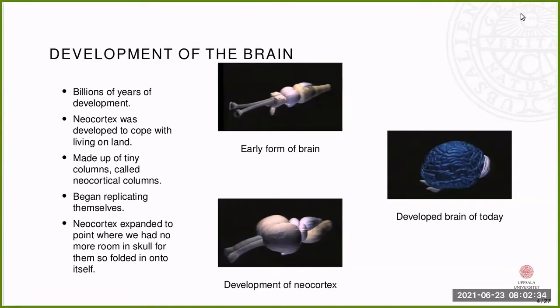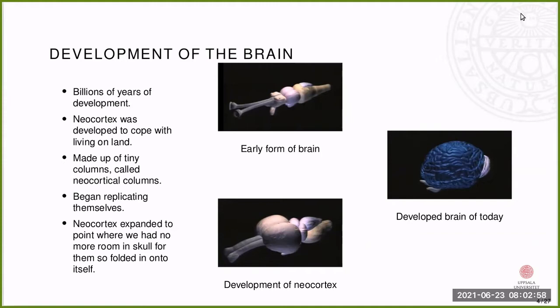As this cortex was forming, it became larger and larger with these columns, because these columns were considered like some sort of final product. Because it was considered so good, it just replicated itself, and so the brain was expanding in our skulls.